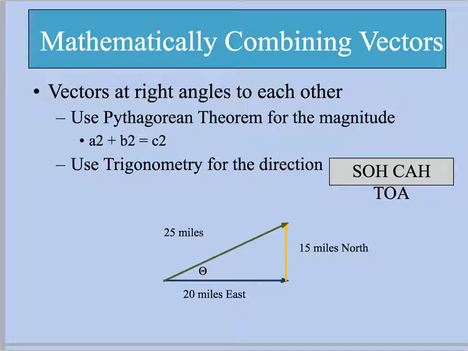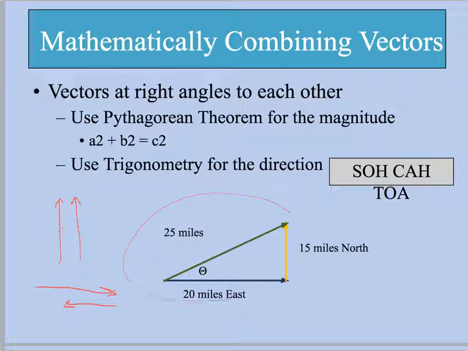For example, if I have a vector pointing up and a second vector pointing up, and I wanted to combine these two vectors, I would just add them together because they're along the same plane. Or if I had a vector pointing to the right and one pointing to the left, again, these are along the same plane, so I would just subtract them to get the overall resultant.